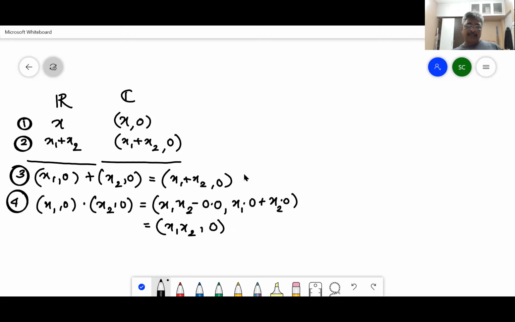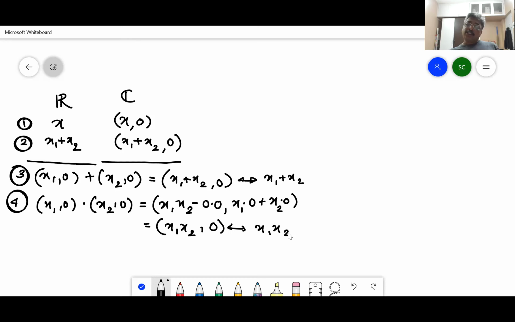This is a complex number, and the corresponding real number in this case is x1 plus x2. We said it in 2. And the corresponding real number over here is x1 x2.